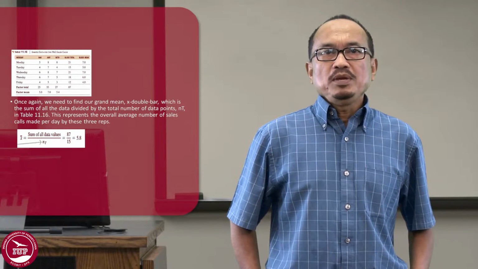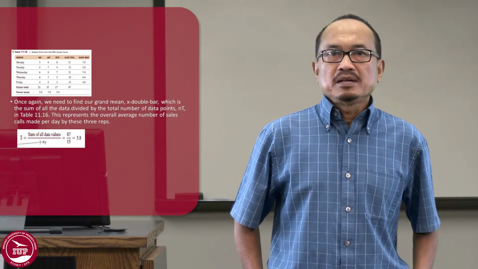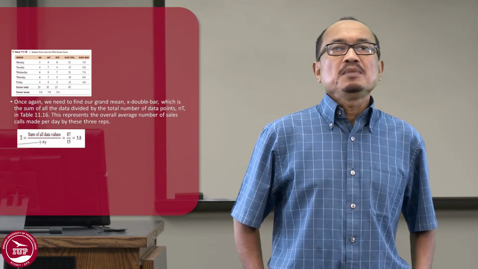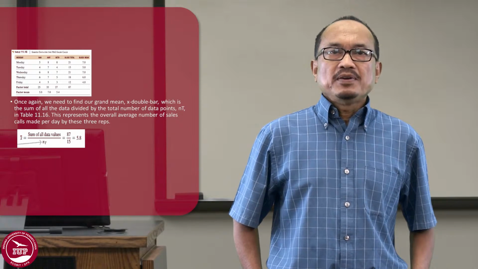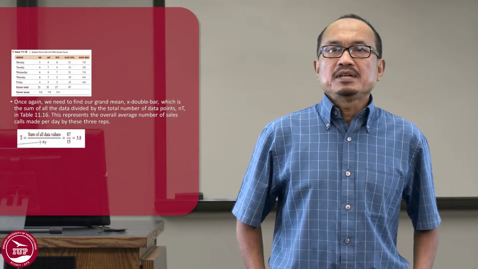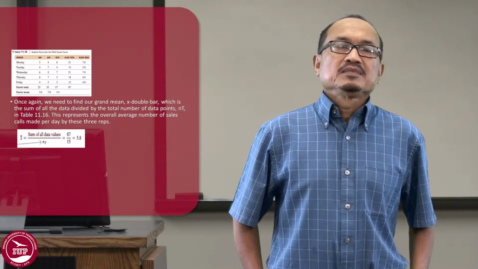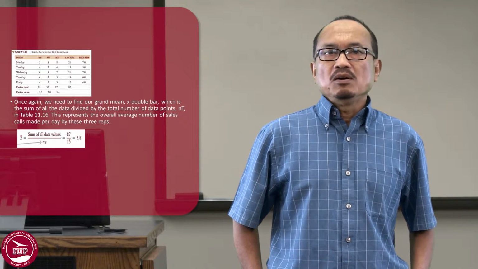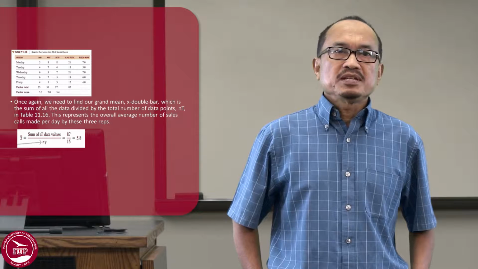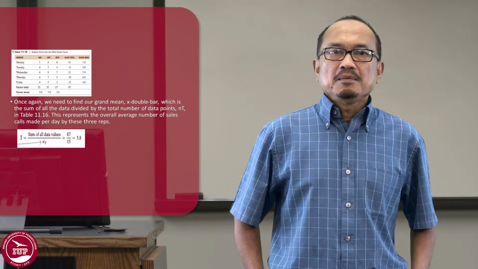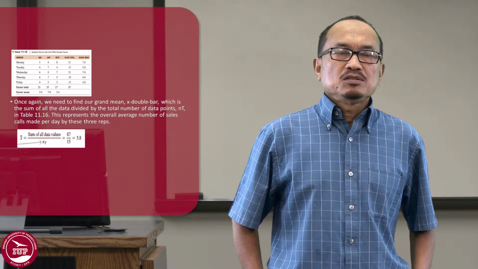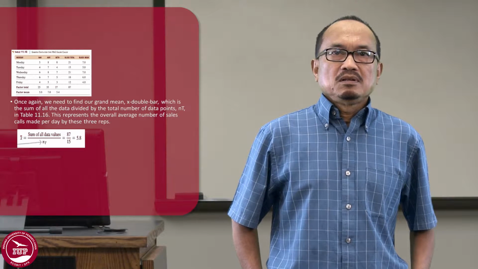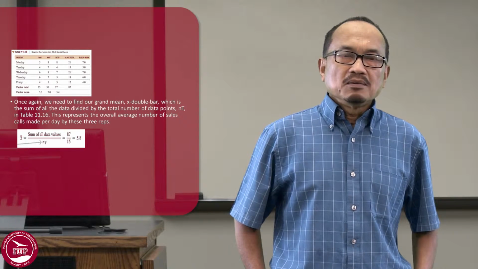Once again, we need to find our grand mean, X double bar, which is the sum of all the data divided by the total number of data points, or NT. In table 11.16, this represents the overall average number of sales calls made per day by these 3 reps. So X double bar is equal to 5.8.